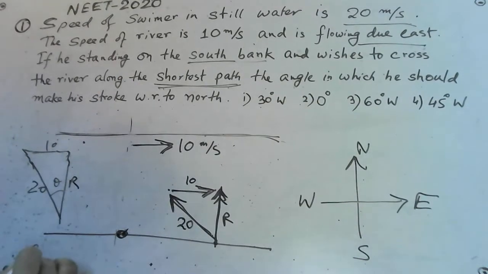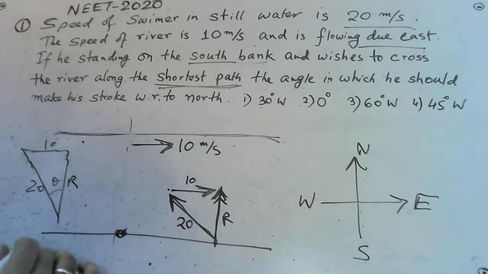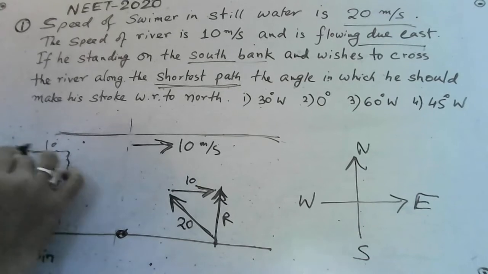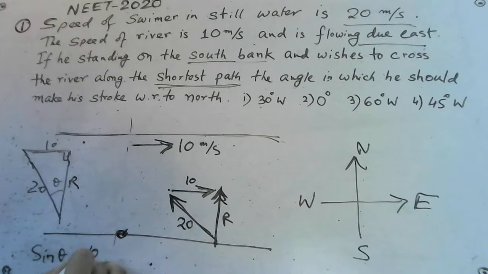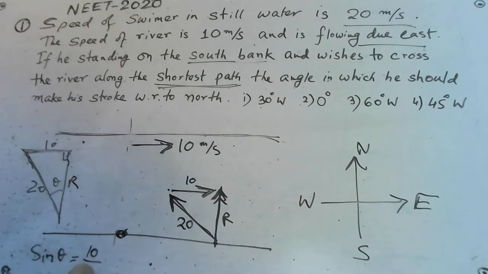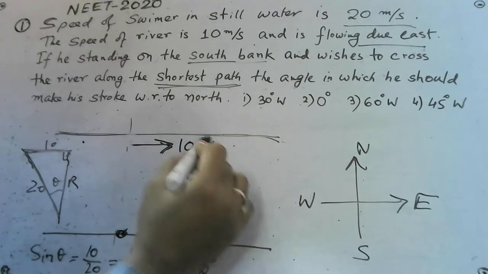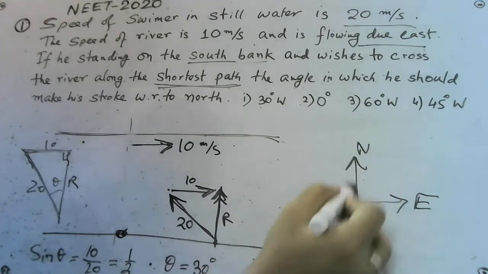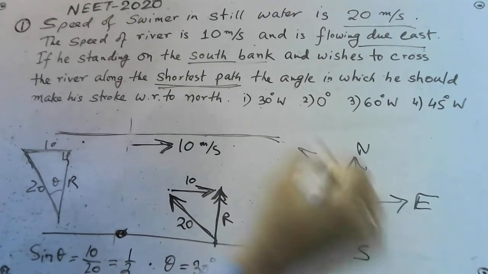So sin theta, in this right angle triangle, would be perpendicular by hypotenuse, 10 by 20. So my angle should be 30 degrees. That means with respect to north, the swimmer should swim in this direction, 30 degrees.